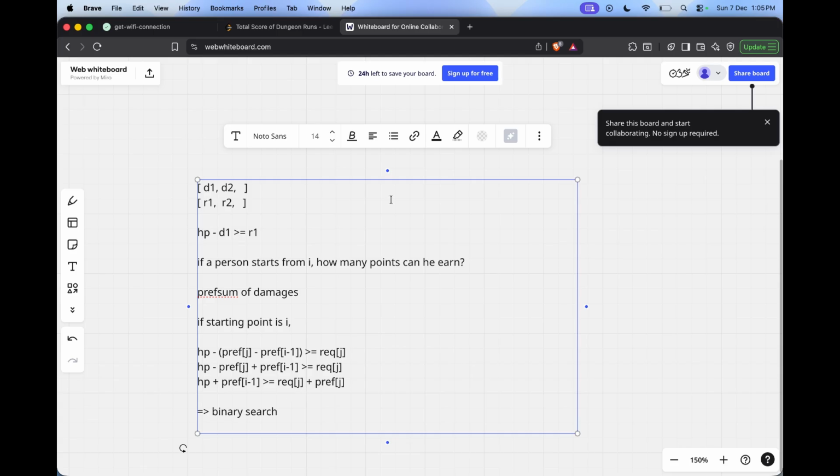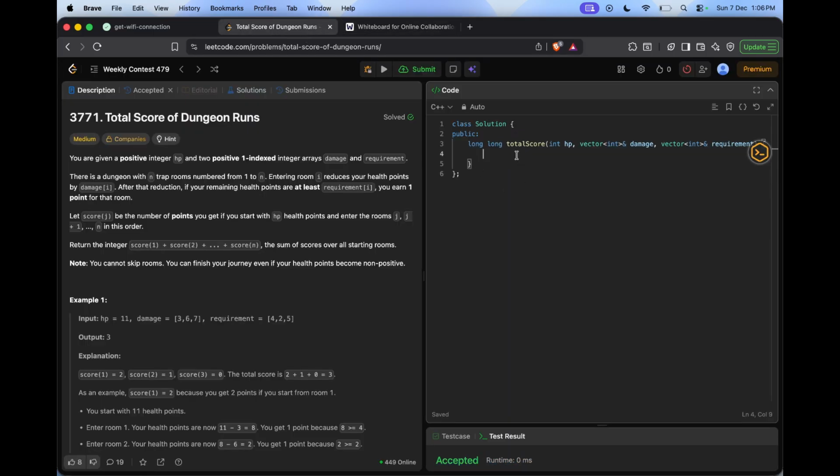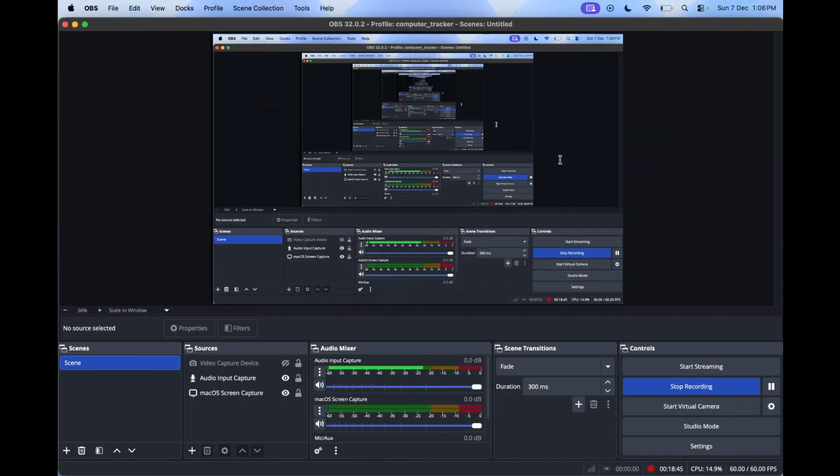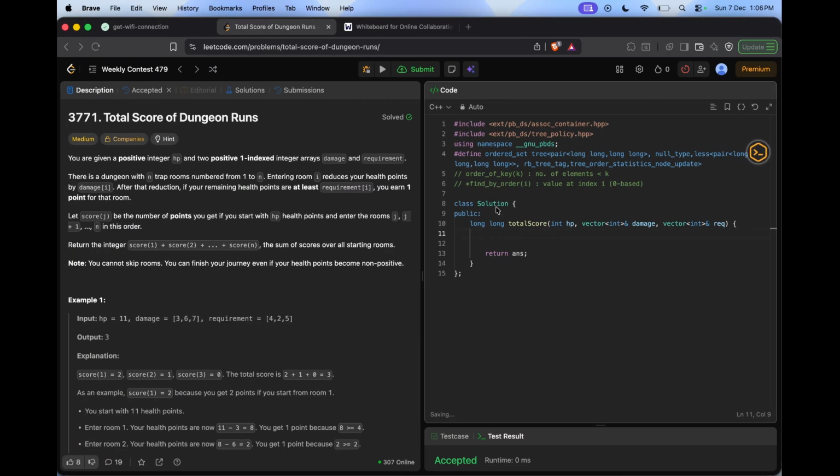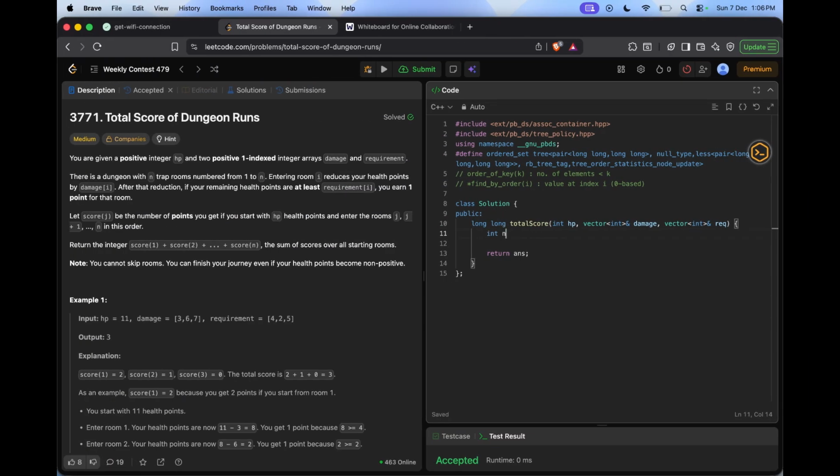Let's move forward to the implementation part. I will just bring all the templates required for PBDS. So let's start with the implementation part.